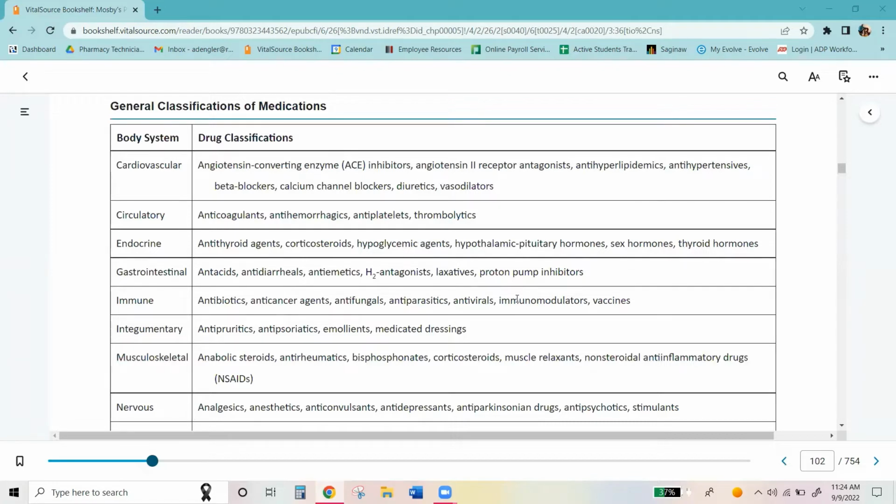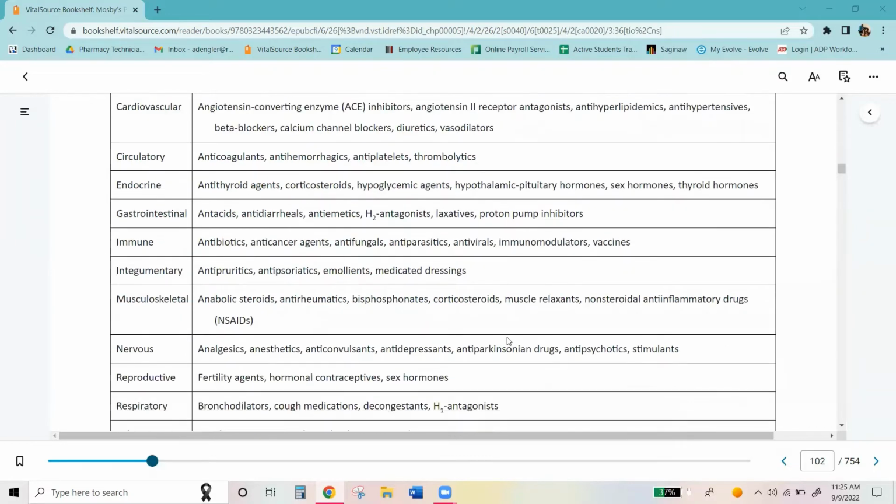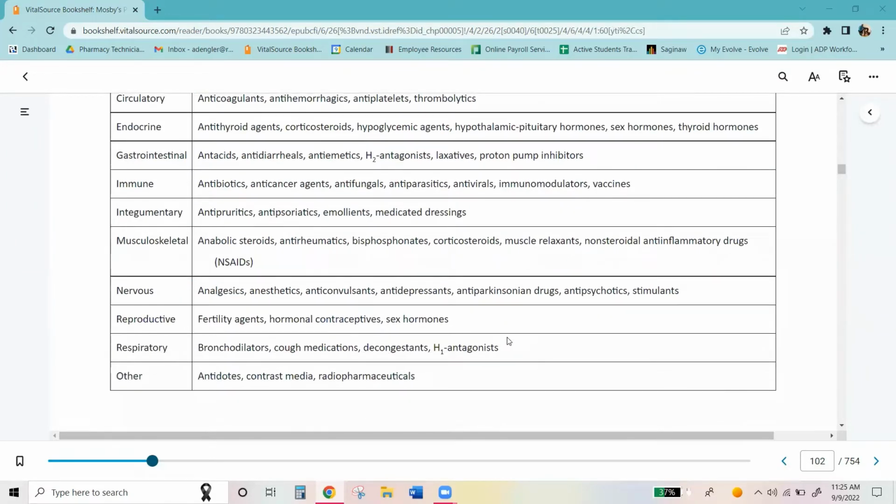immunomodulators, and vaccines. In the integumentary system, which is our skin, we have antipsoriatics, antipruritics, emollients, and medicated dressings. In the musculoskeletal system, anabolic steroids, antirheumatics, bisphosphonates, corticosteroids, muscle relaxants, NSAIDs.